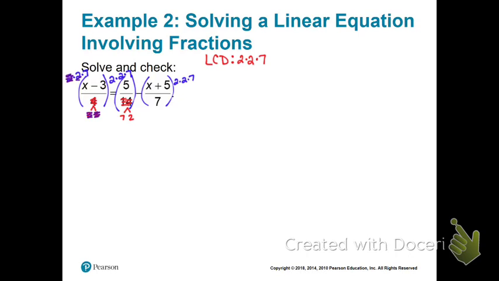I'm left with 7 on the outside and x minus 3 on the inside. So 7 times x minus 3. Then we had an equal sign. The second fraction had a 7 and a 2 on bottom, so the 7 and the 2 are going to cancel with the 7 and one of the 2's on the outside. So I'm left with a 2 on the outside and the 5 on the inside.